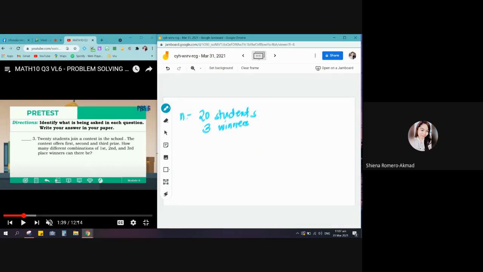So our N is 20 and our R is 3. So permutation of 20 taken 3 at a time, that's 20 factorial divided by 20 minus 3. And 20 minus 3 is equal to 17. So that's 20 times 19 times 18 times 17 factorial divided by 17 factorial.